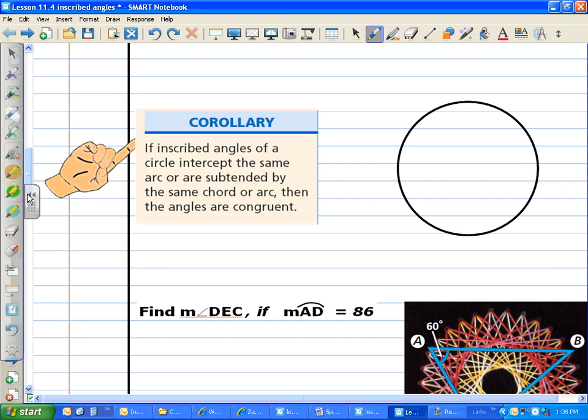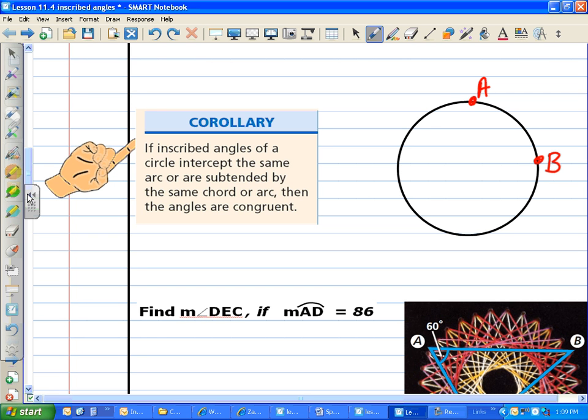But here's what I need you to do. Let's draw an arc. We'll call this arc AB. Now, here's what this is saying.